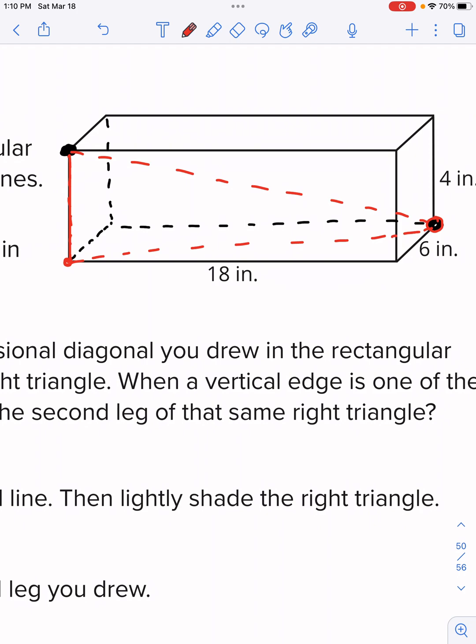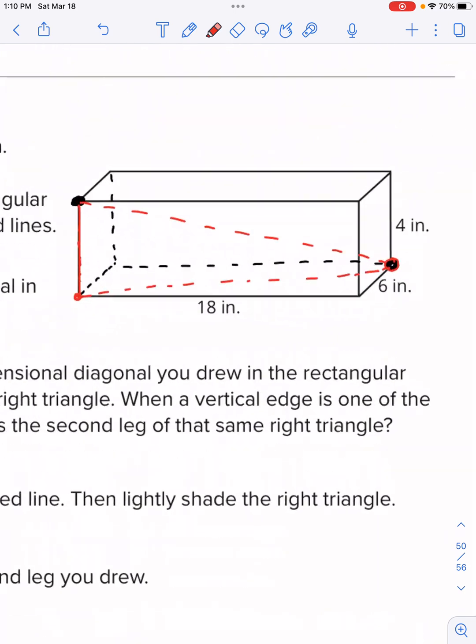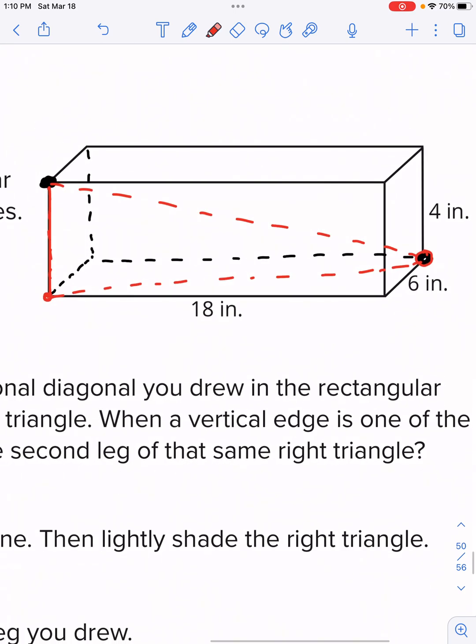Right, so what I have drawn in red, it may be kind of hard to see, but this is a right triangle. So it says, draw the second leg using a dotted line, then lightly shade the right triangle. I'd like for you to shade everything that's bounded within this red region.